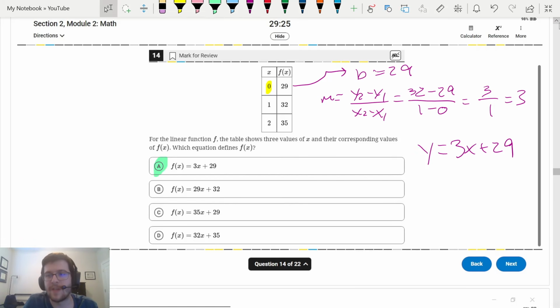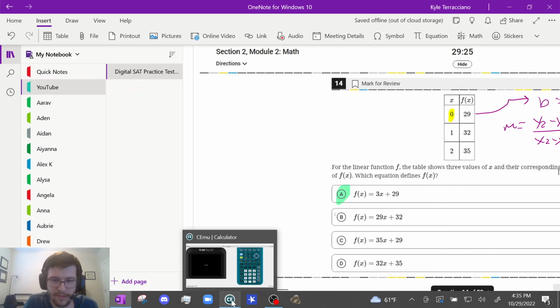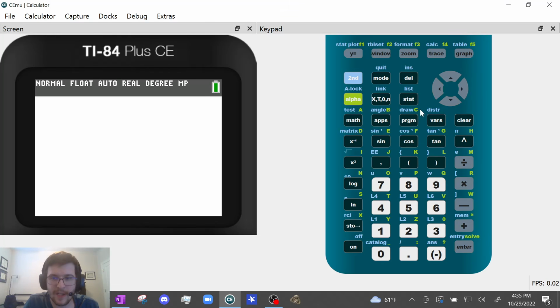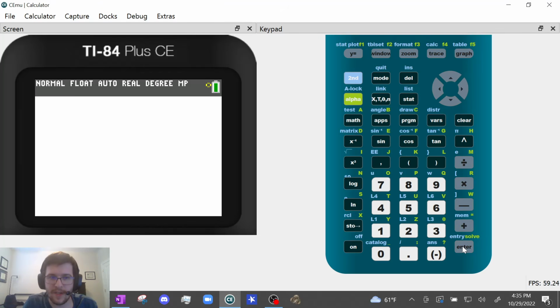I highly recommend you get some sort of calculator program that can do 2 points from a line. I use the College Panda SAT program. So I'm going to do that for you right now. So we go to lines and we plug in 2 points. My 2 points are, I'm going to do 0, enter, 29, enter.